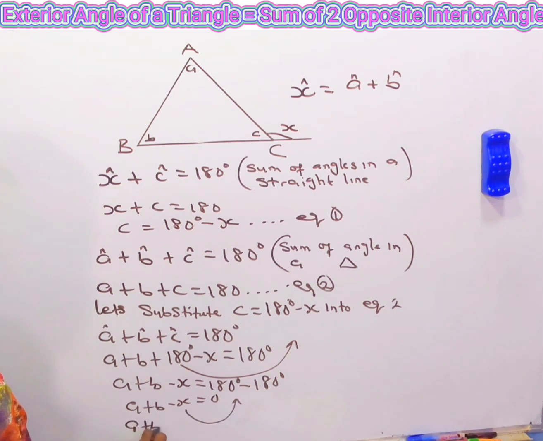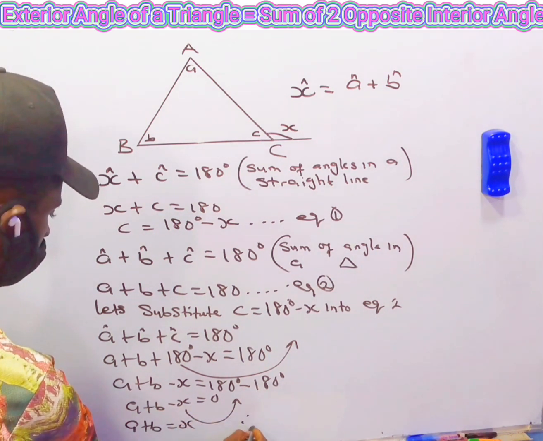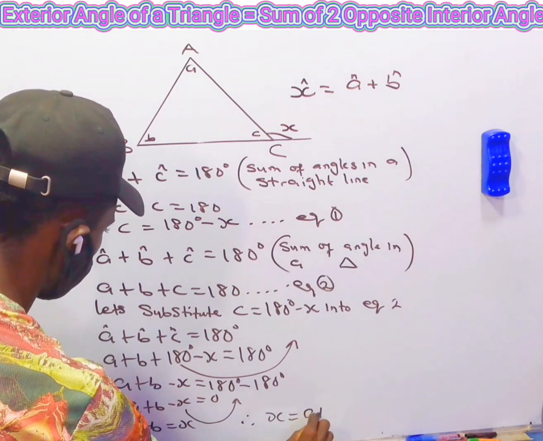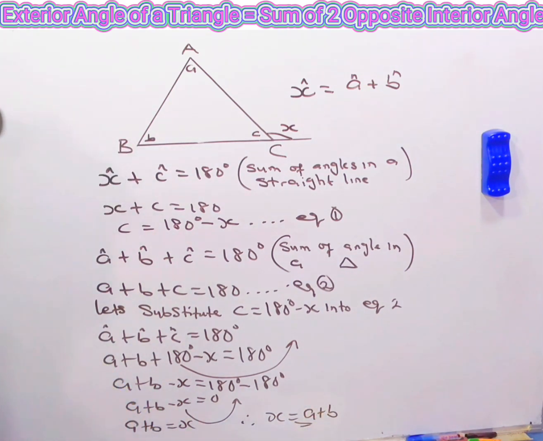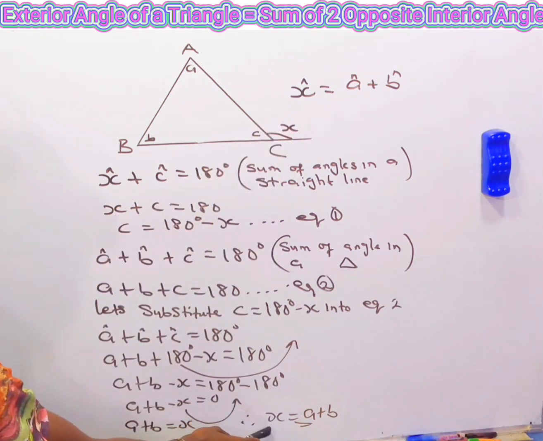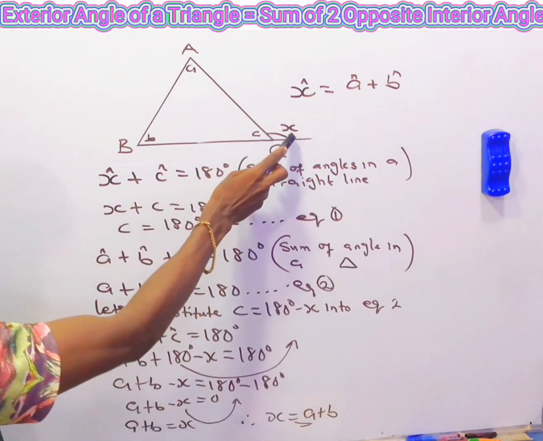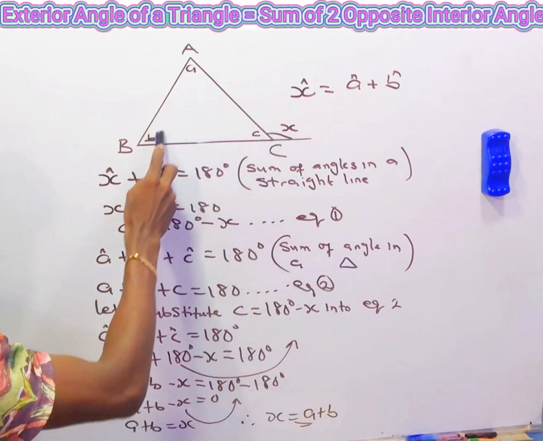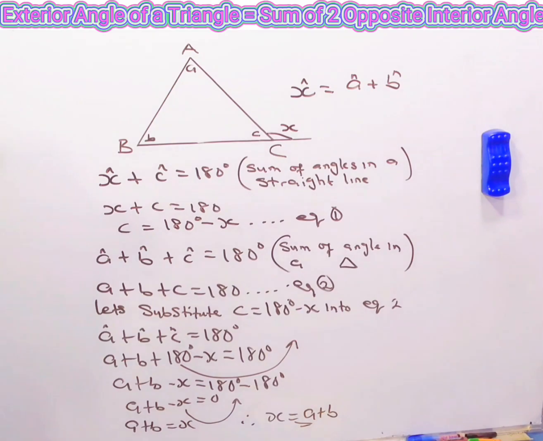We'll have A plus B is equal to X, which is the same thing as X equals A plus B. Hence proven. The angle X is equal to A plus B, which is the exterior angle. X is equal to the sum of the opposite interior angles A and B.